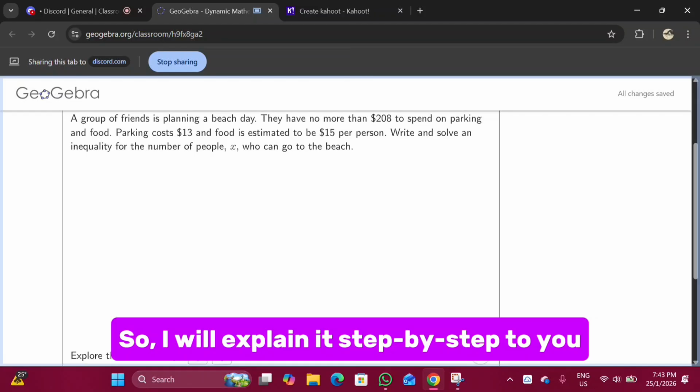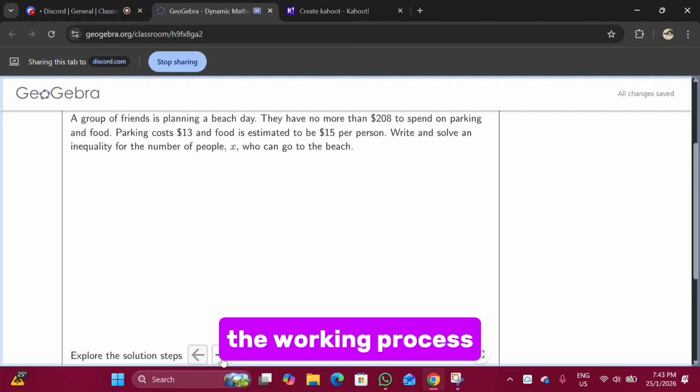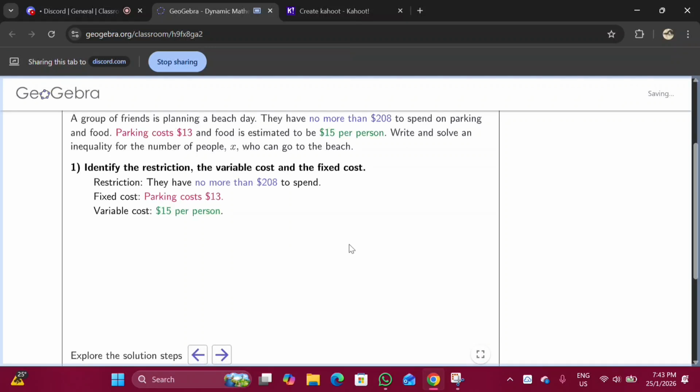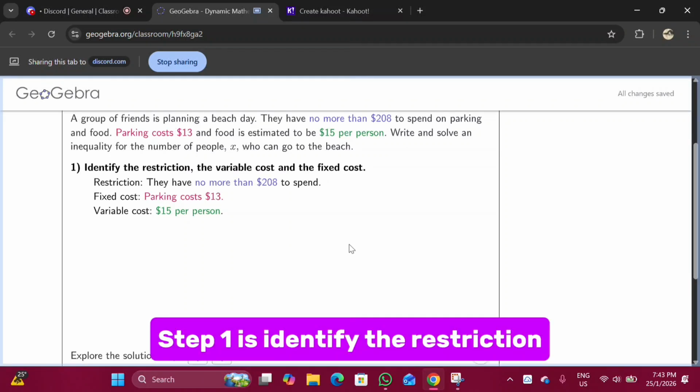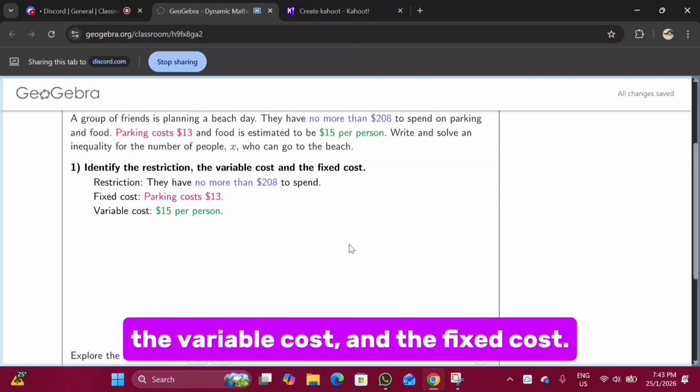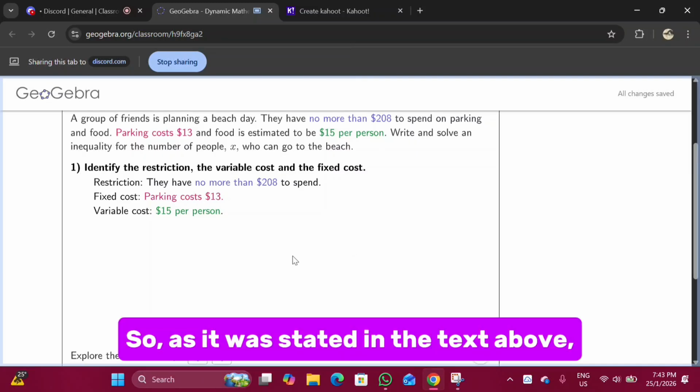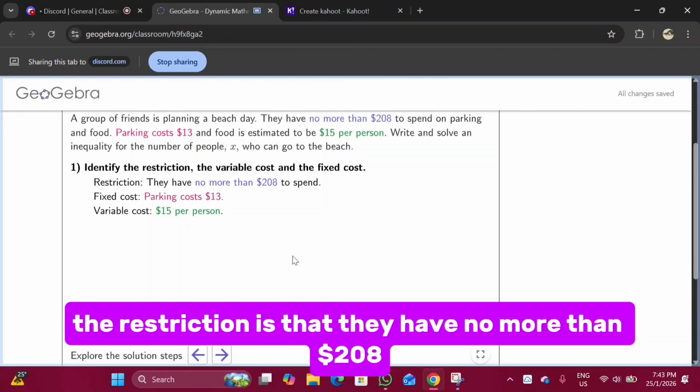So, I will explain it step by step to you, the working process. Step 1 is identify the restriction, the variable cost, and the fixed cost. As stated in the text above, the restriction is that they have no more than $208.